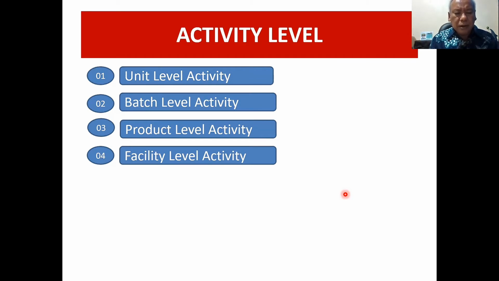In the airline, for example, the batch level activity is fuel.